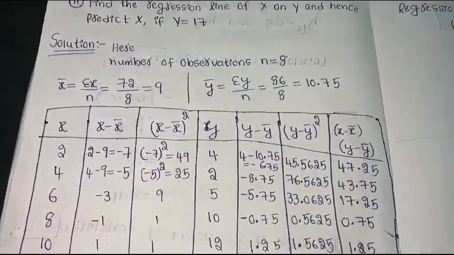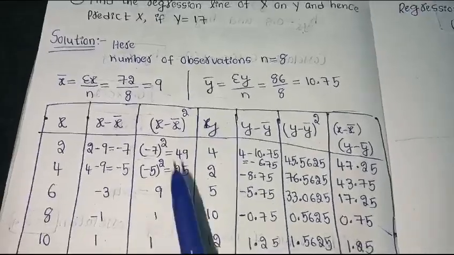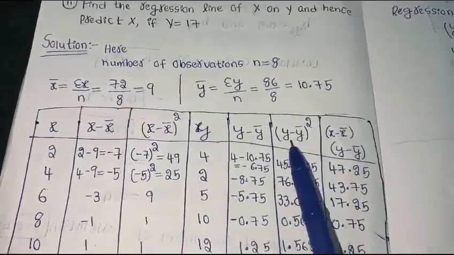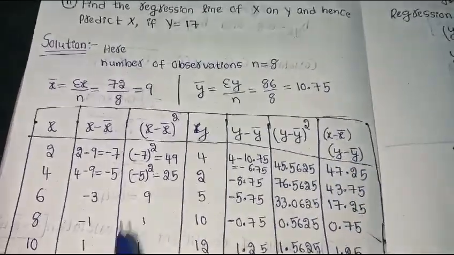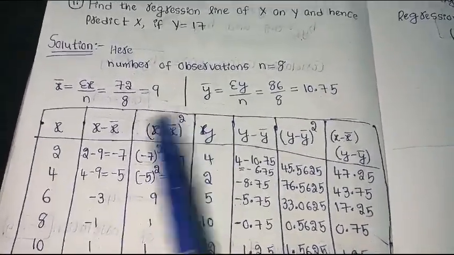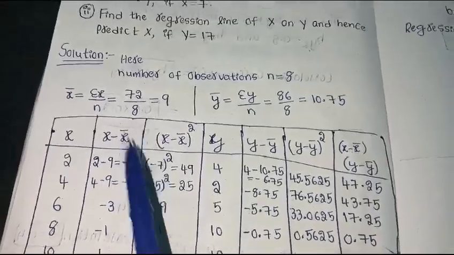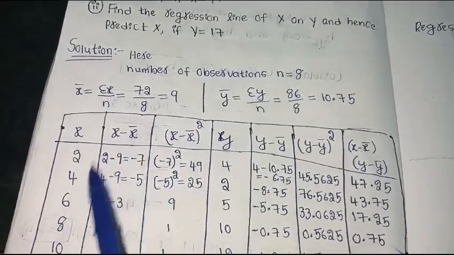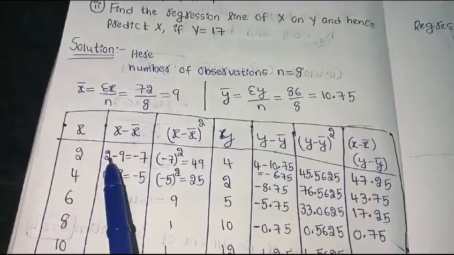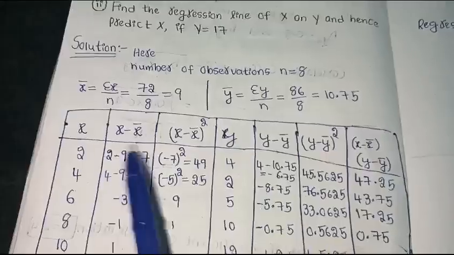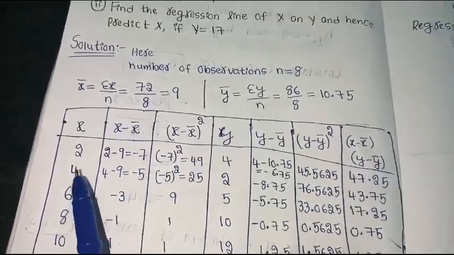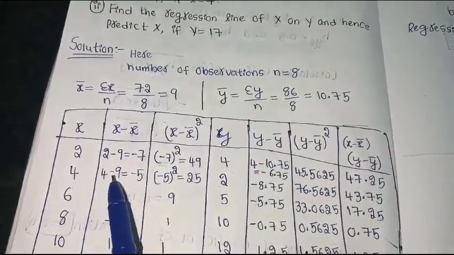Next we take a tabular form in which we need to calculate x minus x bar whole square, y minus y bar whole square, and x minus x bar into y minus y bar. First, to calculate x minus x bar whole square, we need to calculate x minus x bar. So we calculate x minus x bar for every element, that is 2 minus 9. Here x bar is 9, so 2 minus 9 is minus 7. Next, for element 4, 4 minus 9 is minus 5.